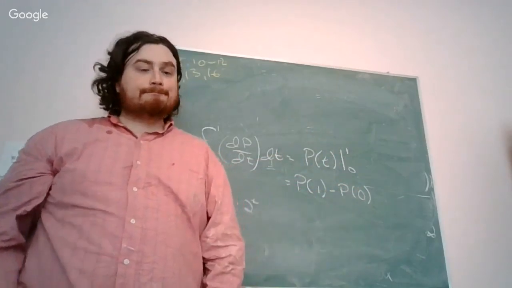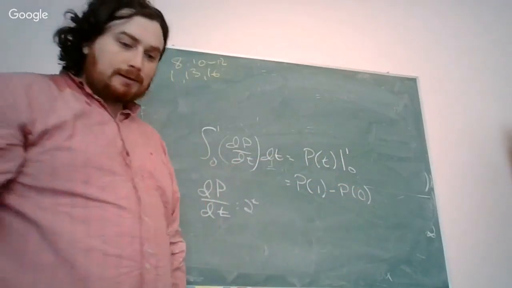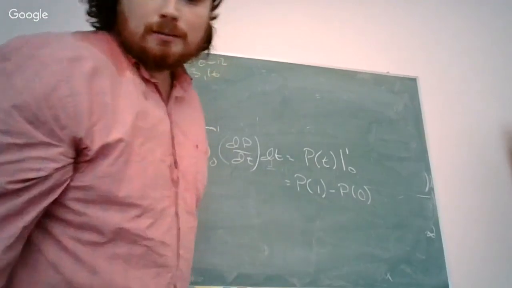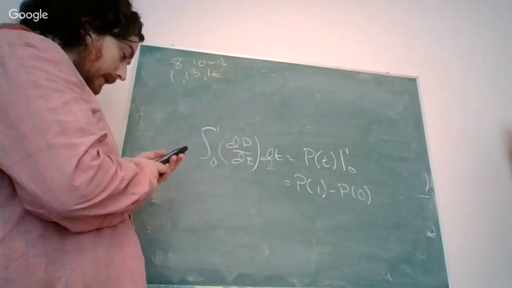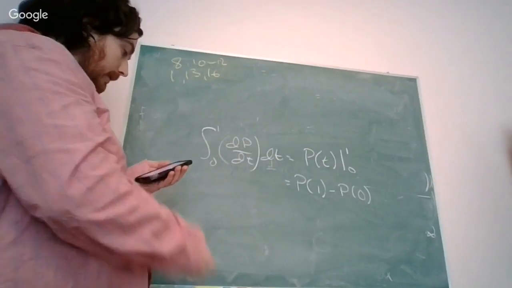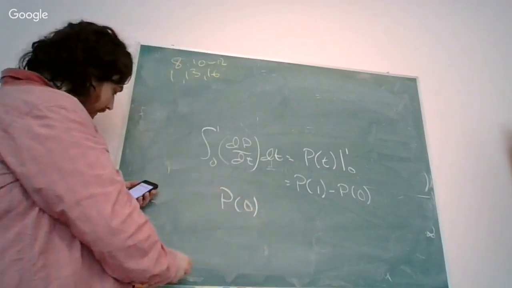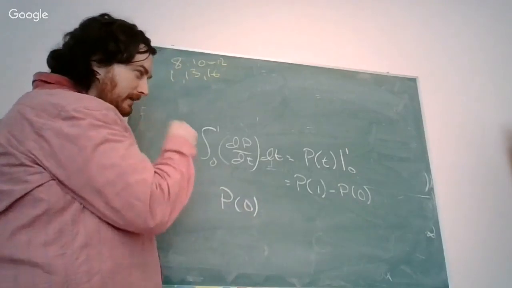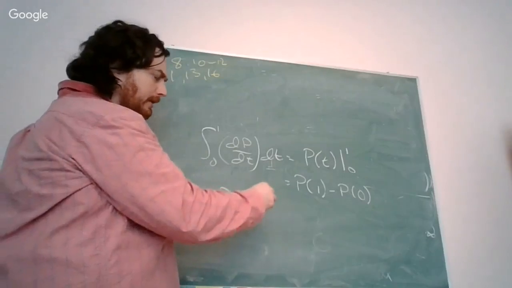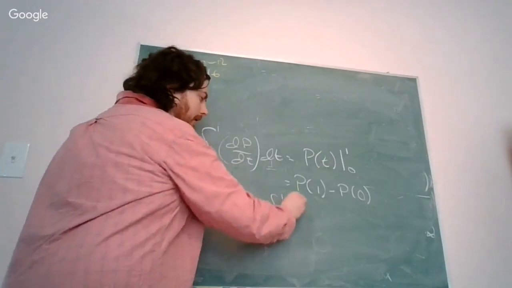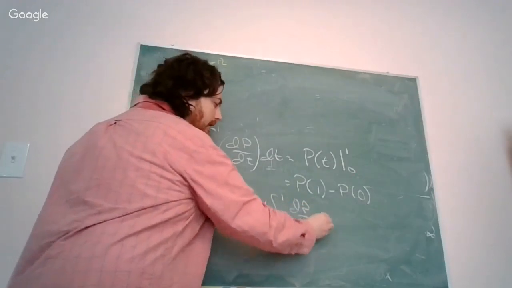Now, the next part is they want you to find what? What does p of 0, they use f here instead of p, but I'm going to stick with p for population. What is p of 0 plus the integral from 0 to 1 of dp dt?